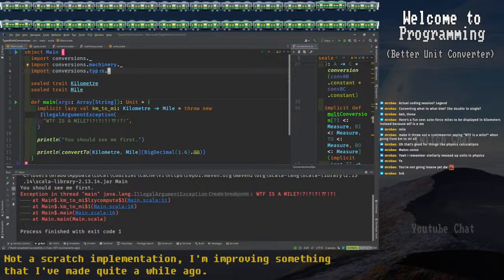What? There's a mile! And it only happens whenever you first try to convert a kilometer into a mile. This is so stupid. Oh, it started to rain over here. Okay, let me quickly take a picture of this.